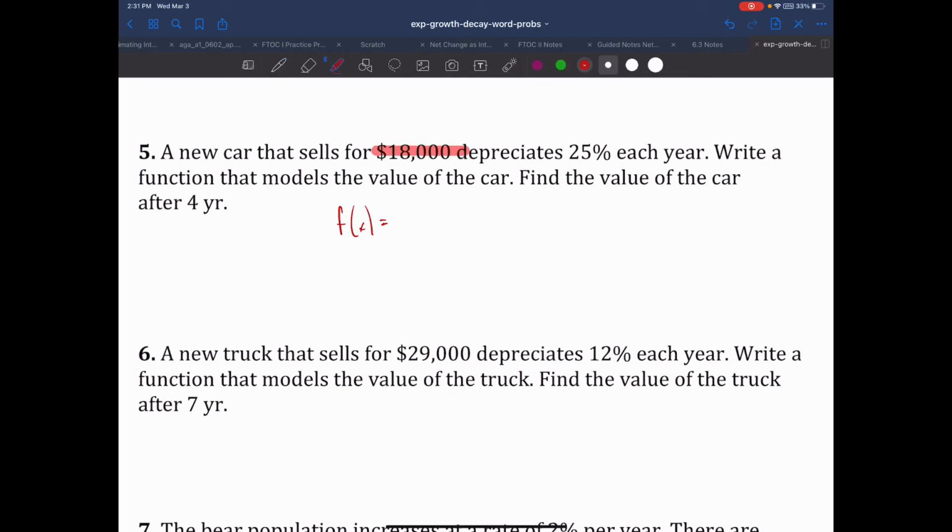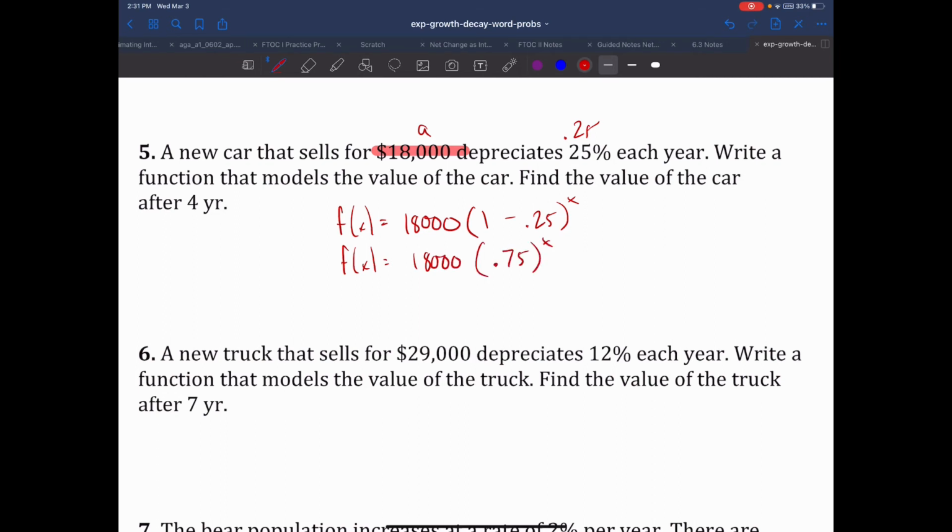That is my A value. And so I start with 18,000 and then multiply times 1 minus 0.25 raised to the x. And so I would get f of x equals 18,000 times 0.75 raised to the x.